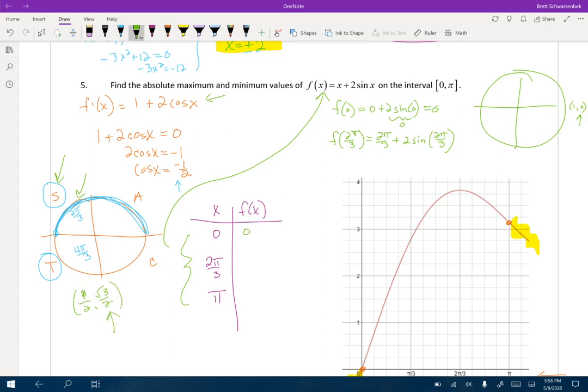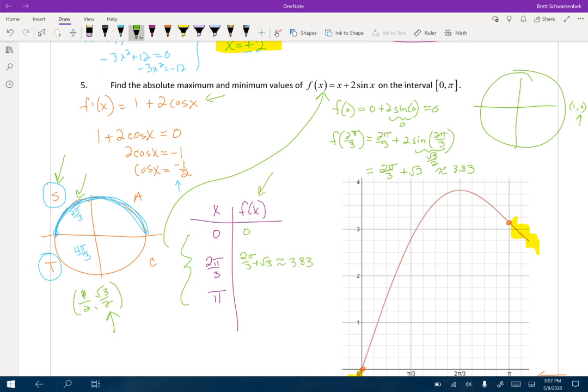So we're going to get 2 pi over 3 plus, 2 times root 3 over 2 is just root 3. So 2 pi over 3 plus root 3, which is approximately 3.83. Remember, we're evaluating this for how high and low on the graph is, so we need the decimal.